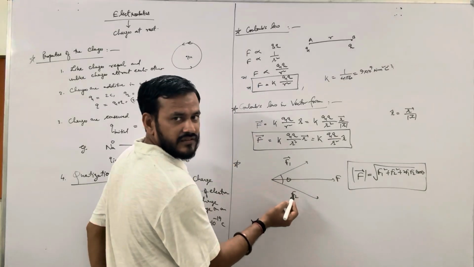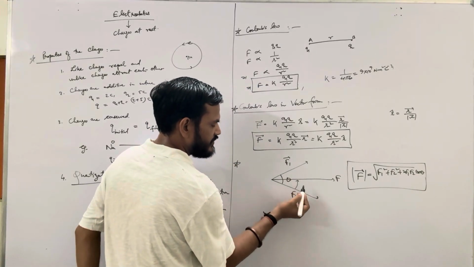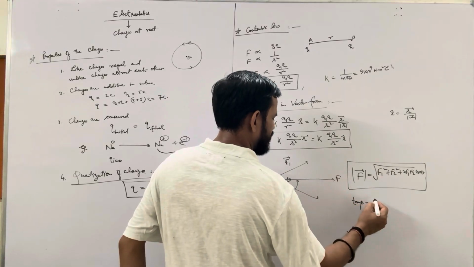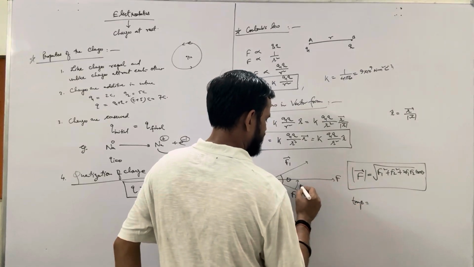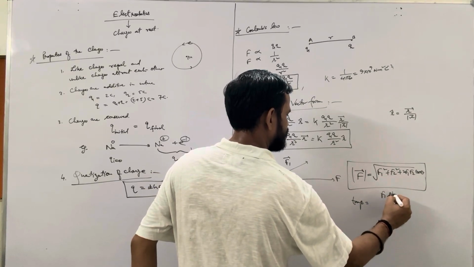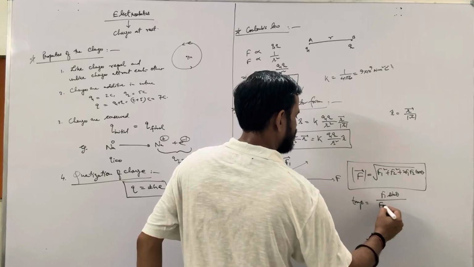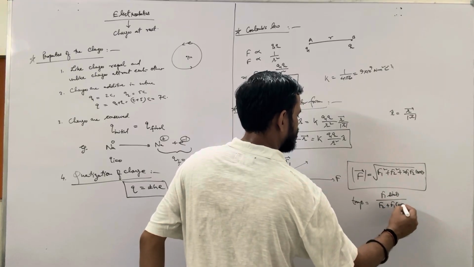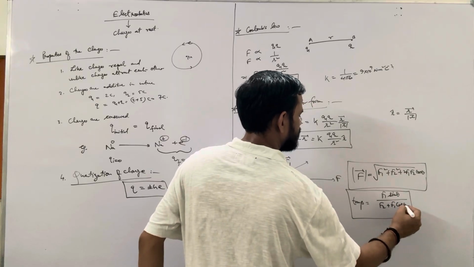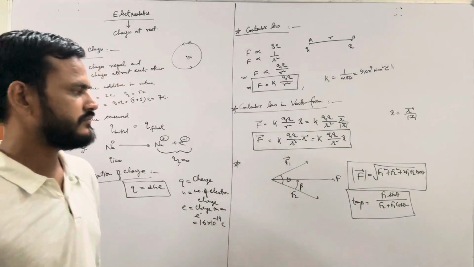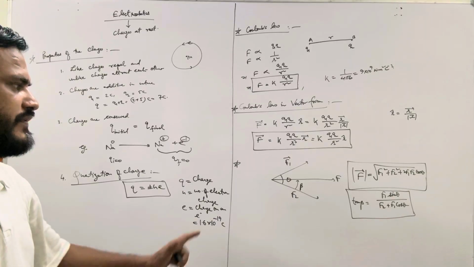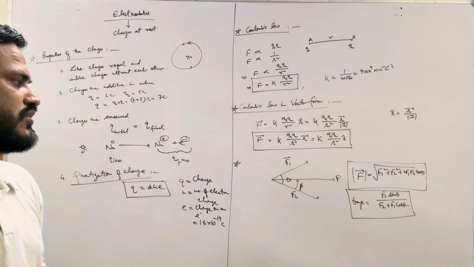The angle the resultant will make with one of the forces: let this angle be beta. So tan beta will be F1 sine theta divided by F2 plus F1 cos theta. So we can use this formula to solve different problems.